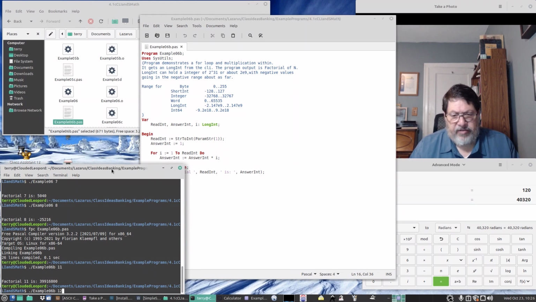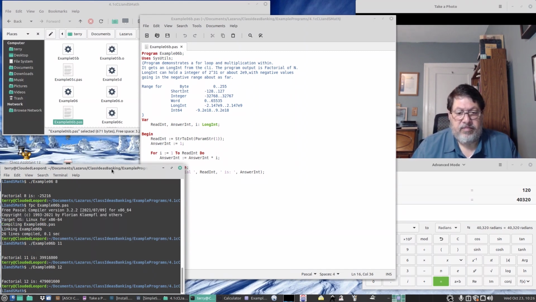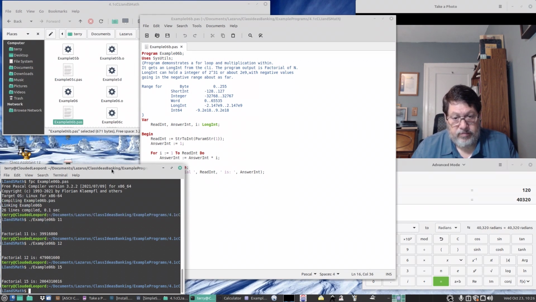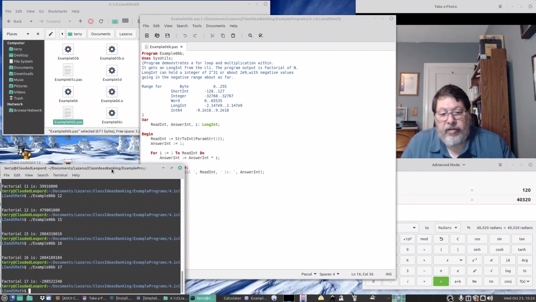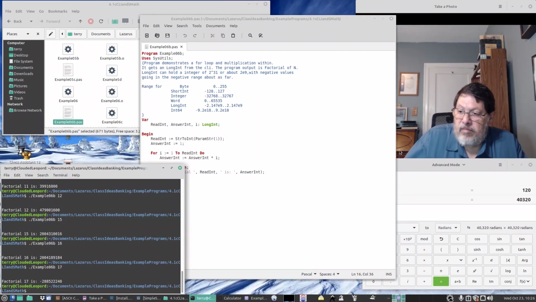I think it's around 15 or 16. All right, it overflowed at factorial 17.